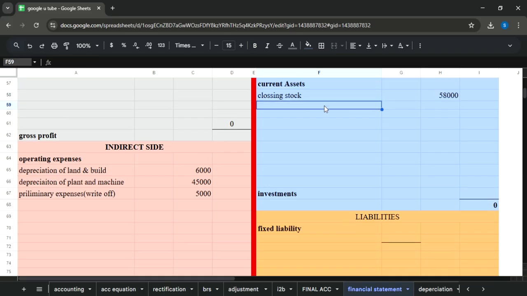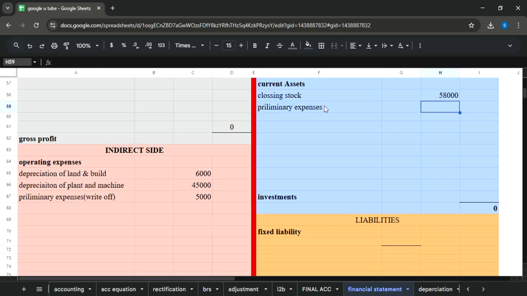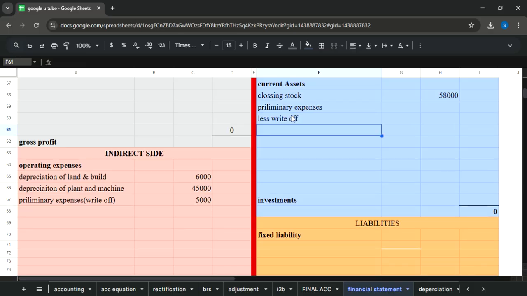We will also mention preliminary expenses there, and we will fill in the amount later on. Out of total preliminary expenses, the amount written off would be subtracted.